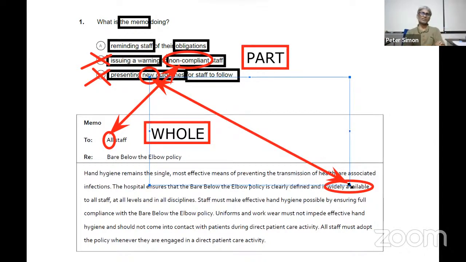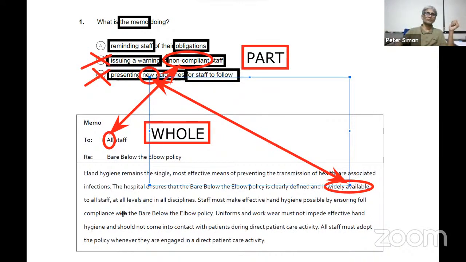Widely accepted means widely available, accessible to everyone. Try to understand the point there. So it is not new. If it is new, how can it be widely available?